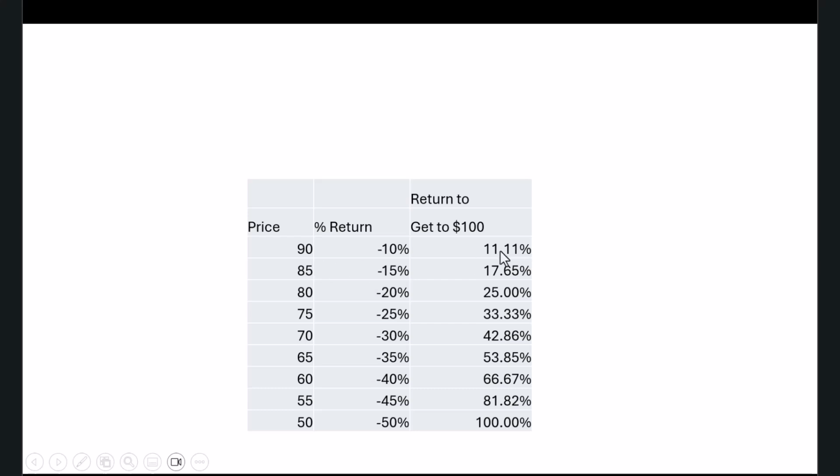So 11.11% of 90 is going to be that $10 you lost. If it falls by 15%, it's got to go up 17.65% in order to get back to even, back to 100. If you happen to fall by 50%, the stock's going to have to double or go up 100% to get back to your initial investment.